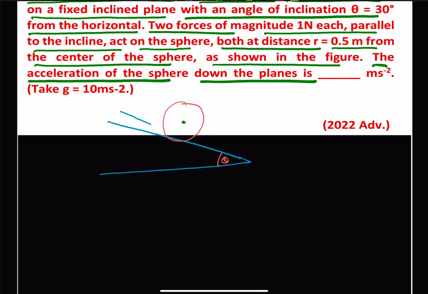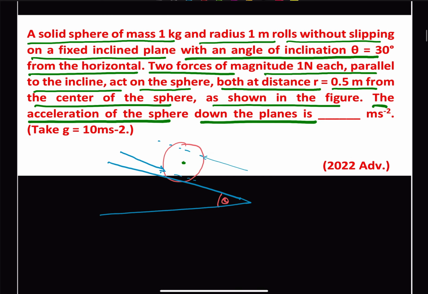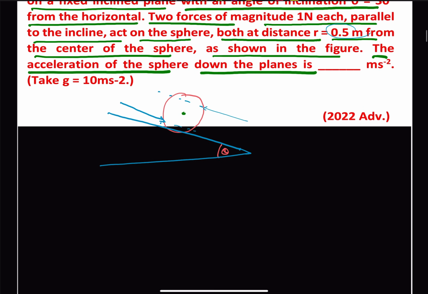One is acting in the downward direction and the other in the upward direction, and both are at equal distance from the center, at a distance of 0.5 meter.